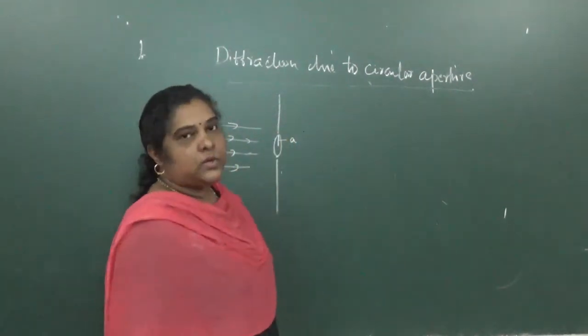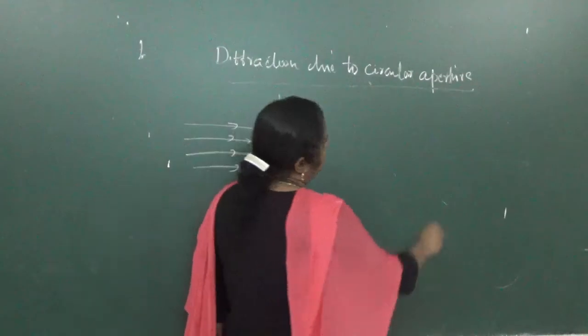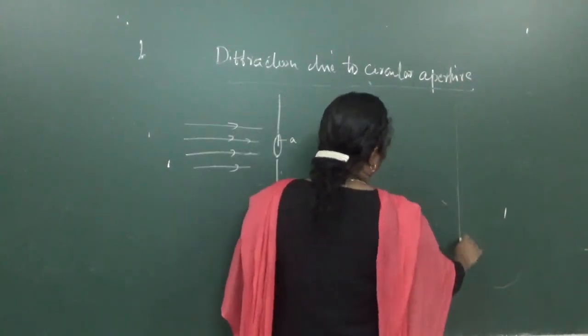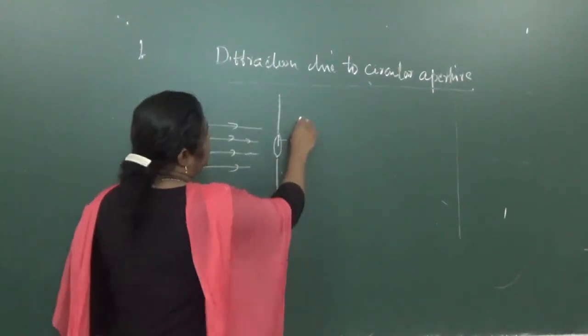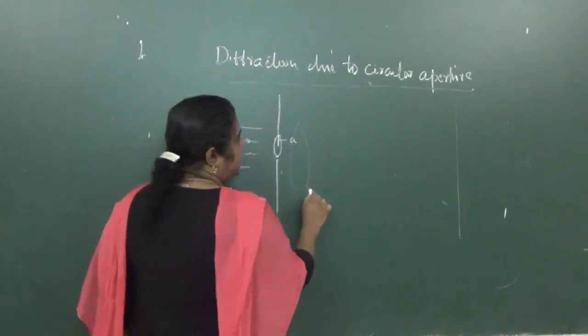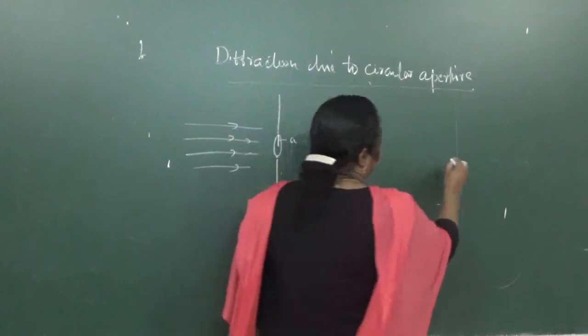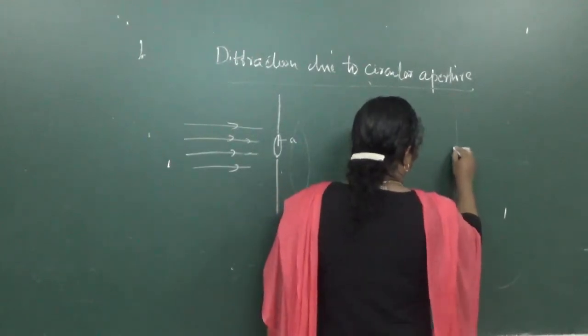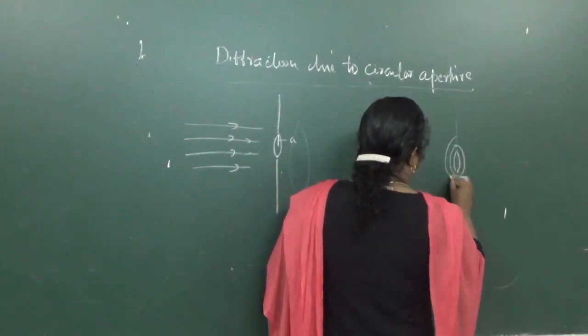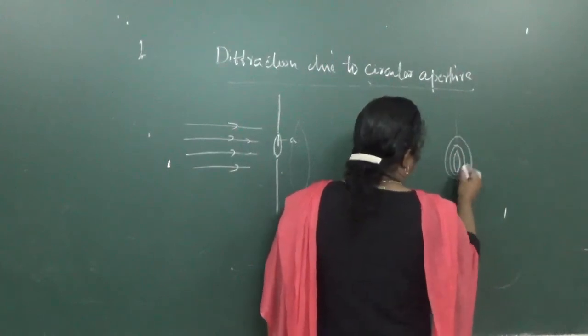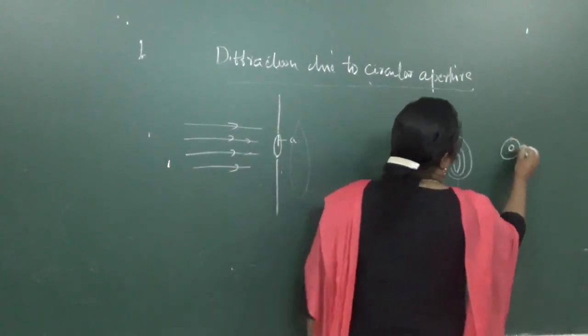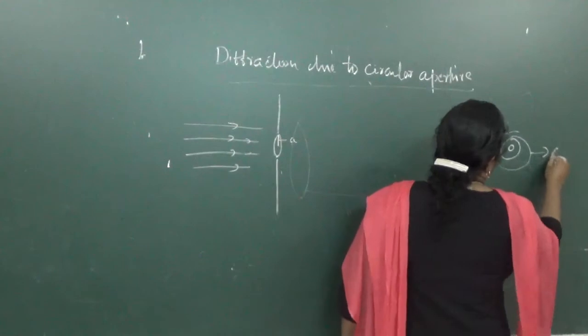Due to this circular symmetry, the aperture is followed by a convex lens, and at the focal plane F you are getting circular rings. These circular rings are called the Airy pattern.